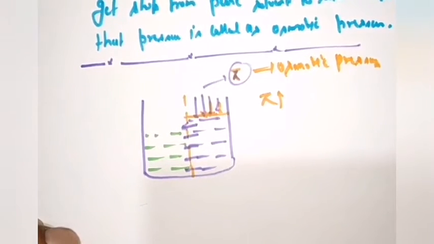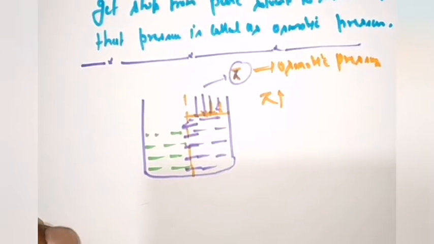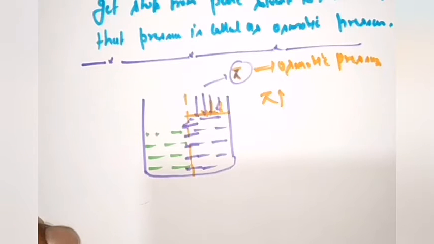One good practical example you can see in your day-to-day life is the RO system that we use to purify water in our households, which applies the reverse osmosis process. There is a selective movement of solvent molecules from the solution side to the pure solvent side.